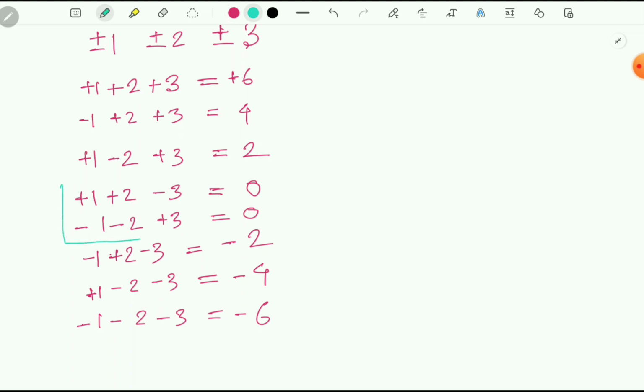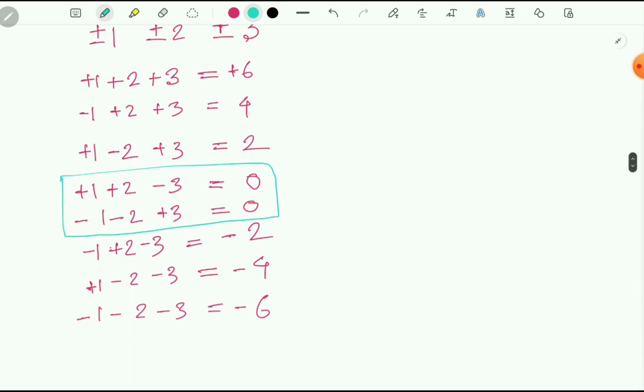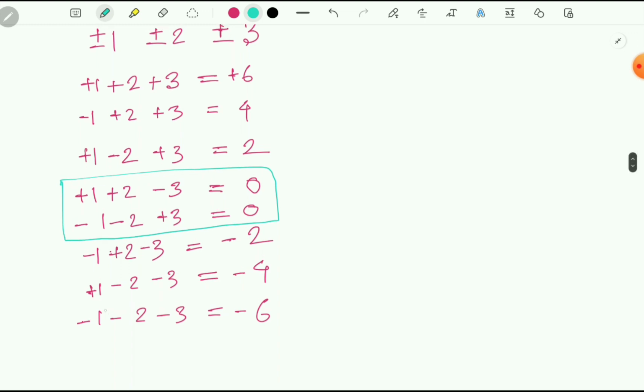So these two are the same because it gives the same algebraic summation. So take a look here, what we change, the sign. Yes, the sign is just moving like this.